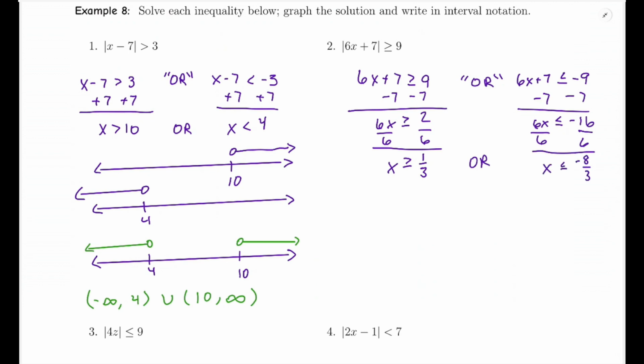And we get x greater than or equal to 1/3, or x less than or equal to negative 8/3.